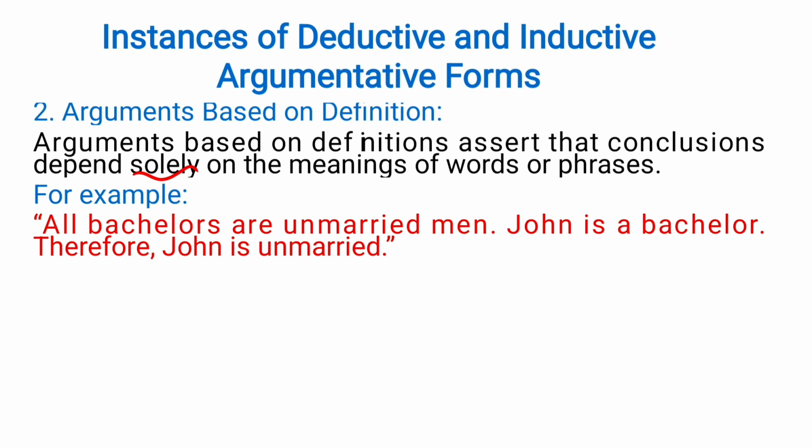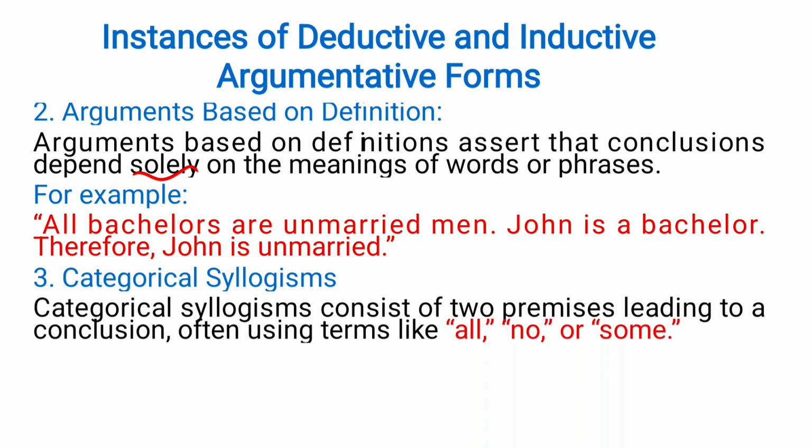And the third form of deductive argument is categorical syllogism. Actually, syllogism is an argument with 2 premises and 1 conclusion. So categorical syllogism consists of 2 premises leading to a conclusion, and often uses terms like all, no, or some in the beginning of its statements.